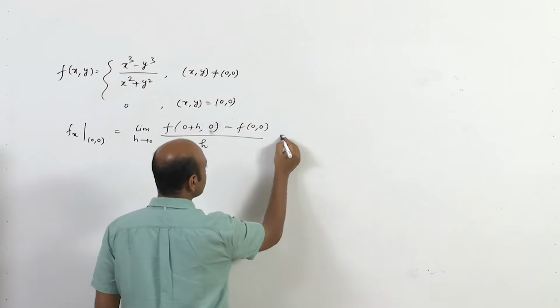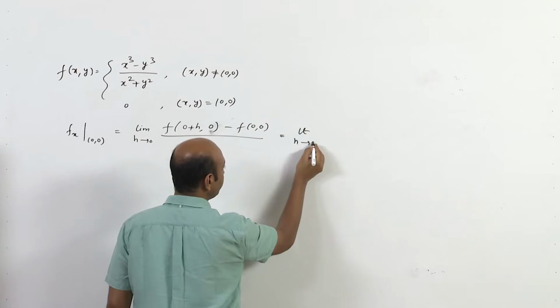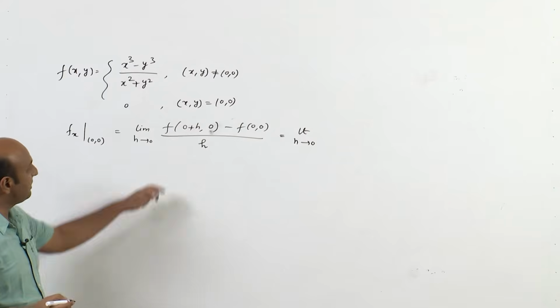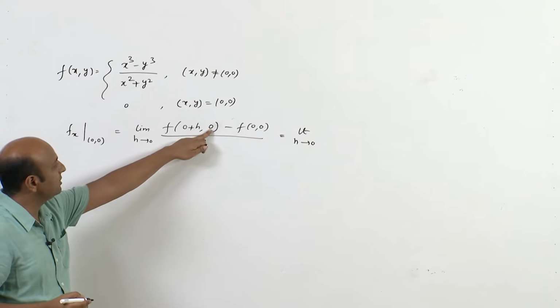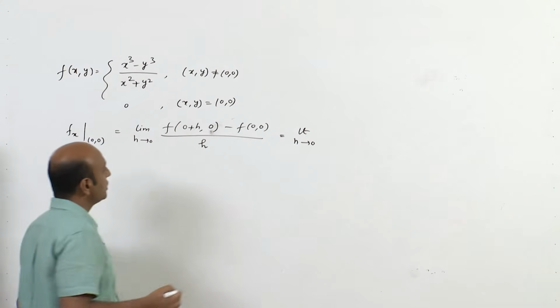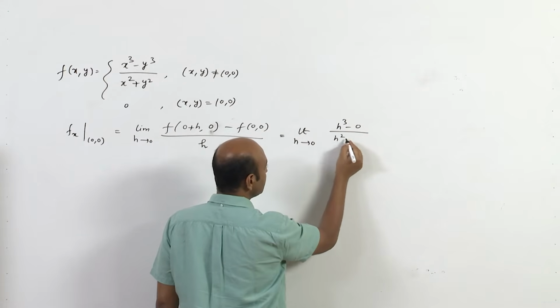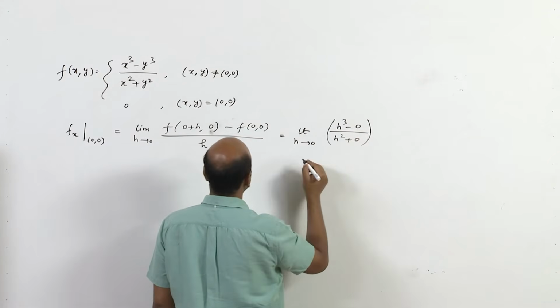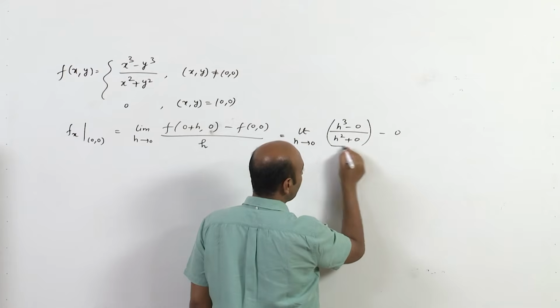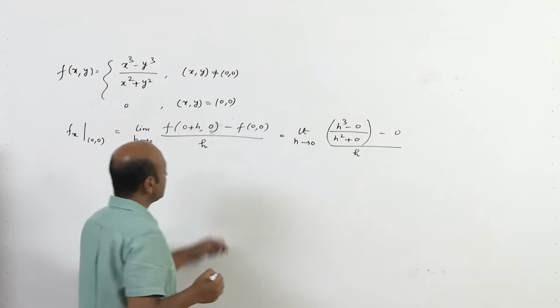Now, this will be equal to the limit as h tends to 0, where you replace x by h and y by 0 in this definition. So, it will be (h cube minus 0) upon (h square plus 0), and it is minus 0 upon h, because f(0, 0) is 0.